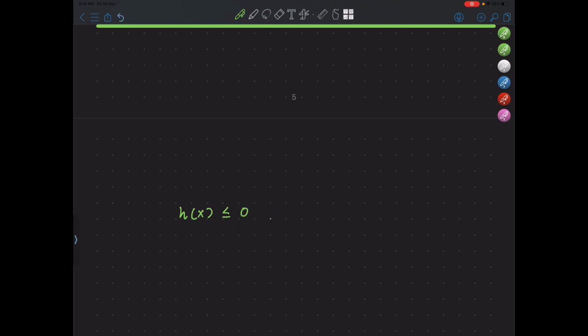Let's say this is some set, and let's say h is a convex function, which means this is a convex set. So all the x which follow this property form a convex set.